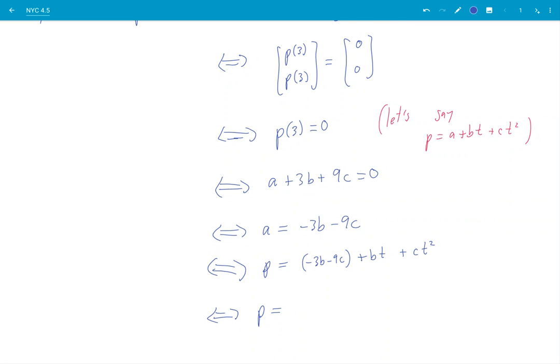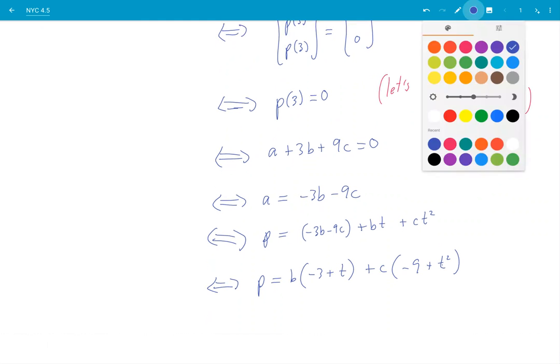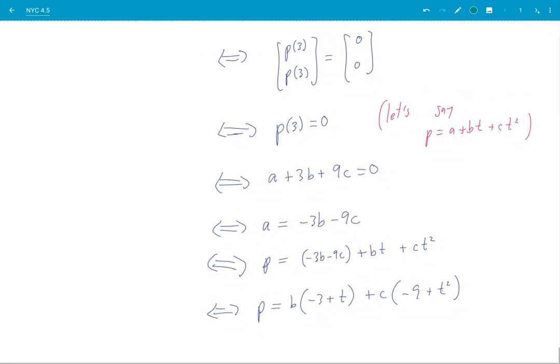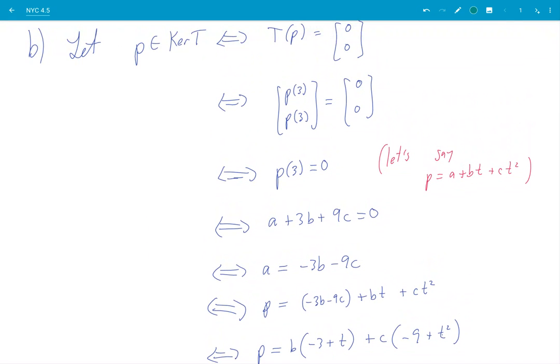P is equal to, by collecting like terms, b times minus 3 plus t, plus c times minus 9 plus t squared. Okay, what have I done here? So pause and copy if you haven't done so already.